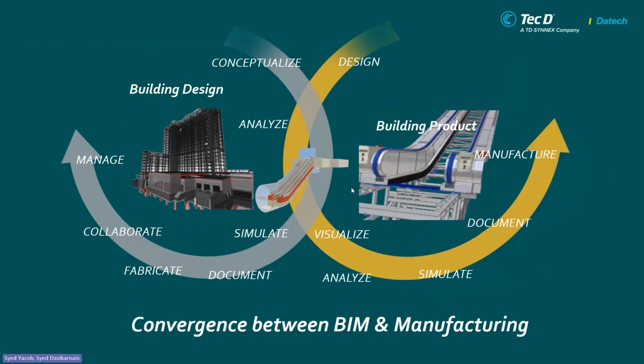Okay, so convergence between BIM and manufacturing. Here is where building products or building equipments are working closely with building design to make sure that you can reduce all the clashes and all the amendments that are usually required during the construction processes.